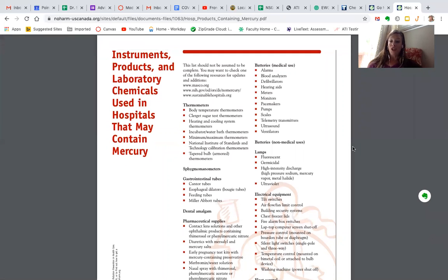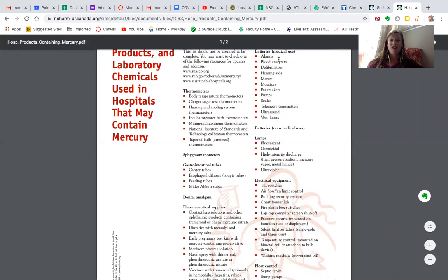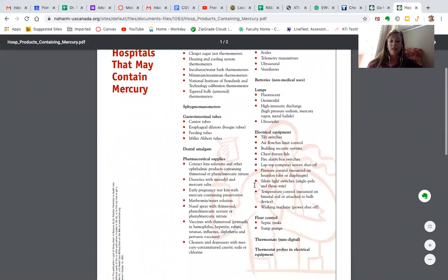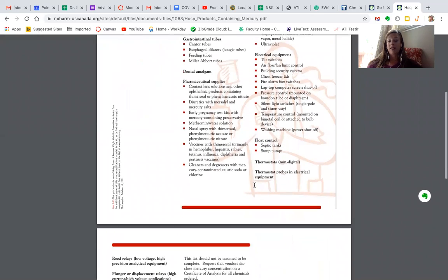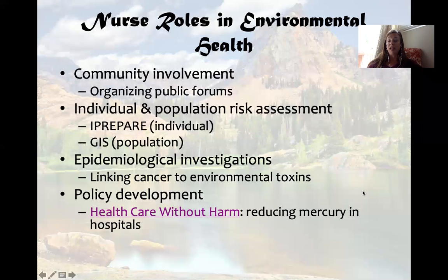Doesn't mean that for sure these items have mercury in the hospital that you're in, but it's a possibility and something that you might want to ask about, such as alarm batteries, defibrillator batteries, different sorts of lamps, GI tubes, thermometers, all sorts of things. The list goes on and on. So just have that for you there. I think it'd be important for you to take a look at that.